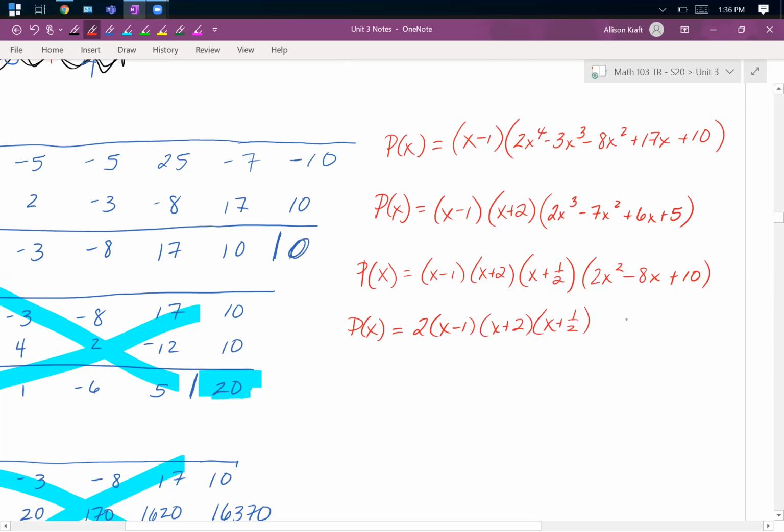Leaves us with x squared minus 4x plus 5. I think of two numbers that multiply together to be positive 5 and add together to be negative 4. Unfortunately, nothing works. So we are going to have to use quadratic formula to get the zeros, and then from the zeros, we'll work backwards to the factor.